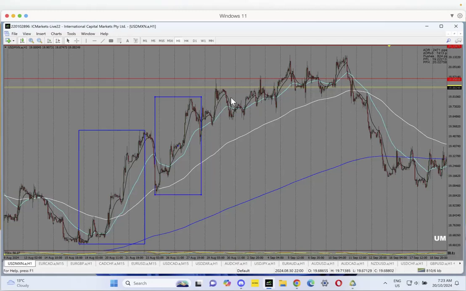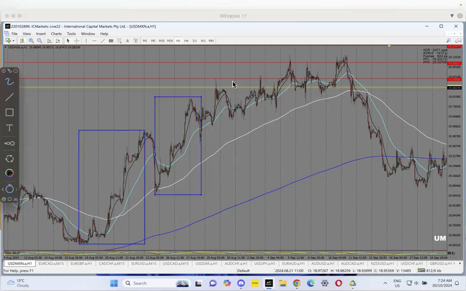So nothing else closed above there. And look how they congested this also into the same place. But I can clearly see that we had a high there, we had a high there, and then we had a high there. All right.